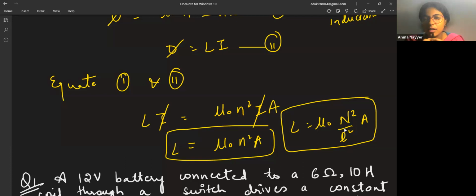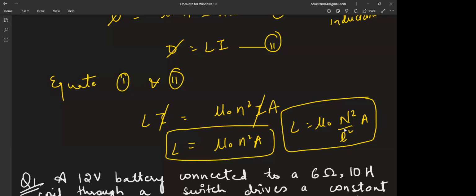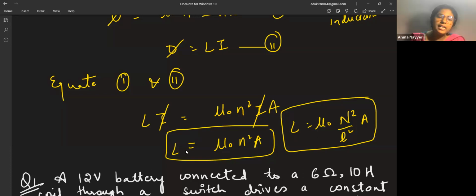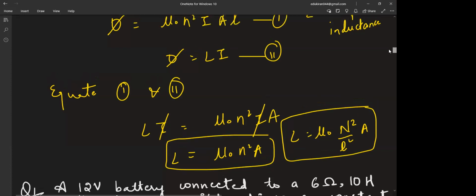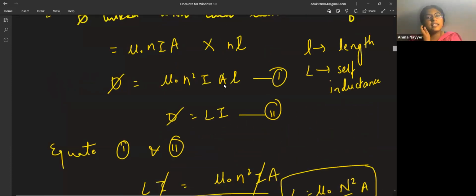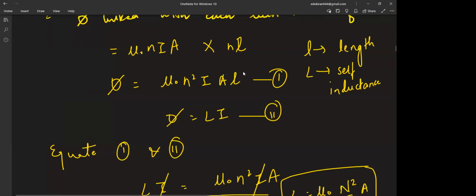Length is there, number of turns are there. No, ma'am, L is equal to mu naught n square A l, right? What should come? Okay, this you're saying, the length. Yes, ma'am. Okay, yes, yes.